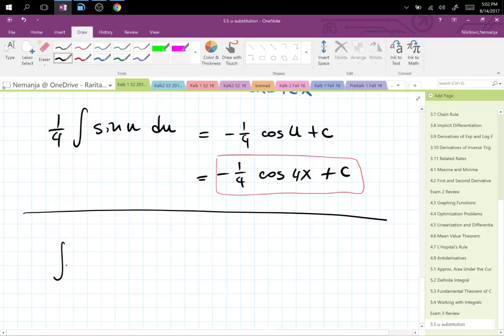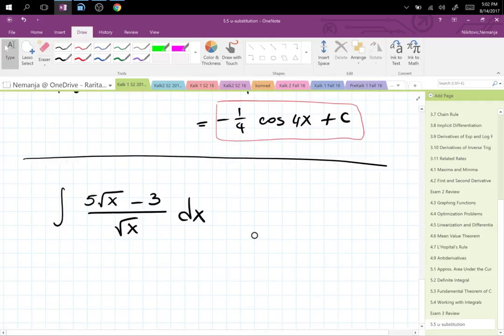Integral of 5 root x minus 3 over root x dx. Let's see if you could figure this out.